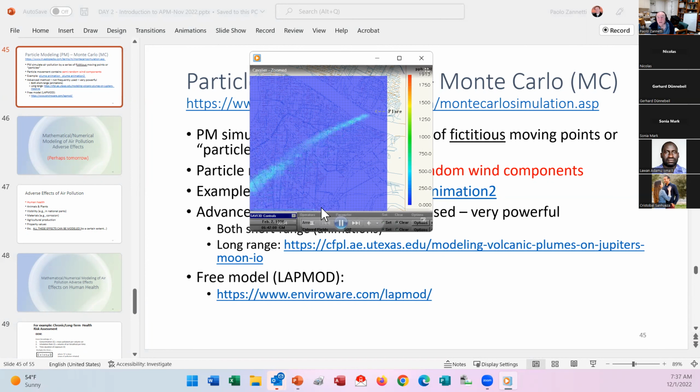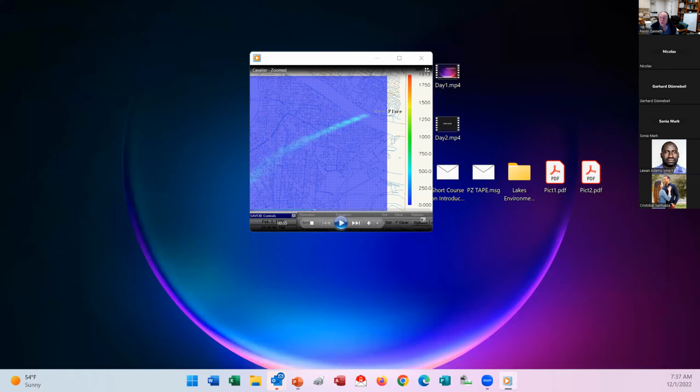You can see here, if I had used a Gaussian plume model showing hourly average concentration results, it would have been wrong. There is no way with hourly averages to show this type of impact minute by minute.